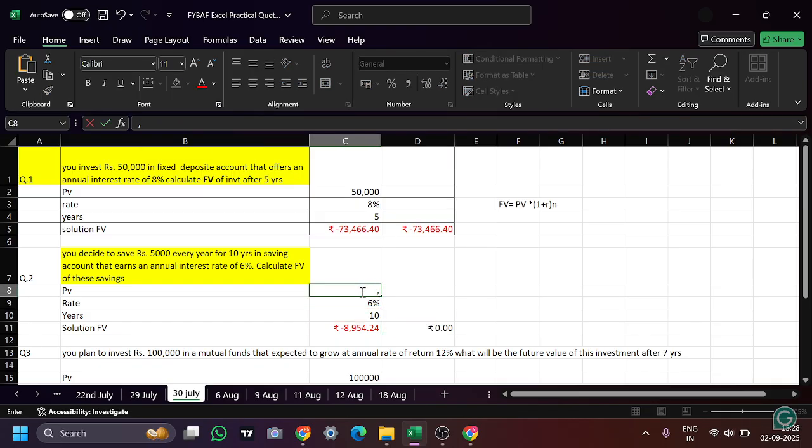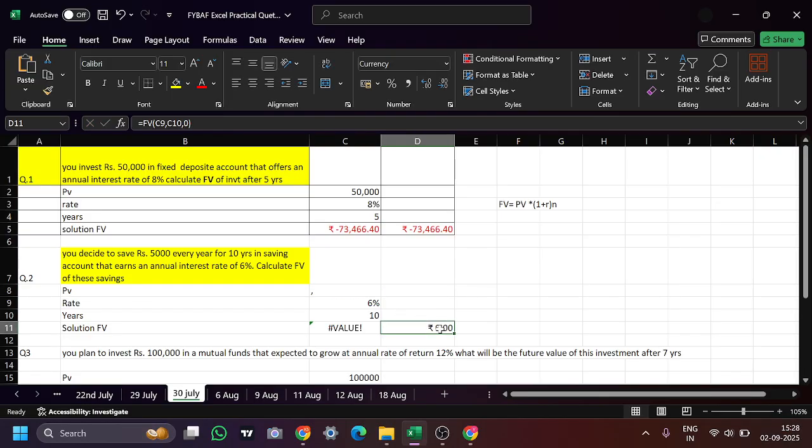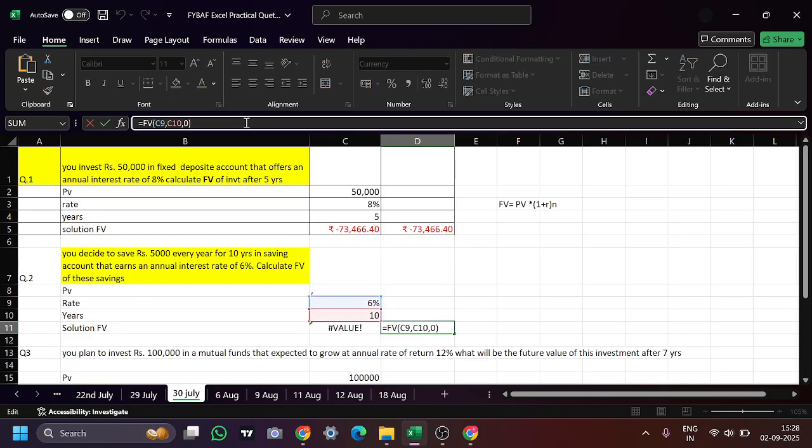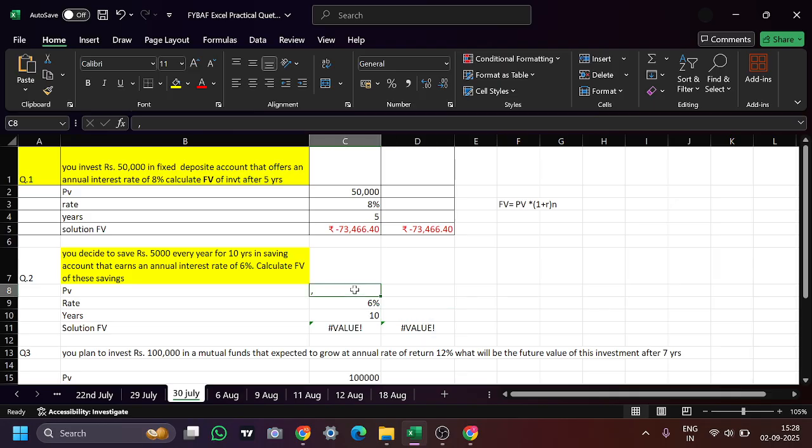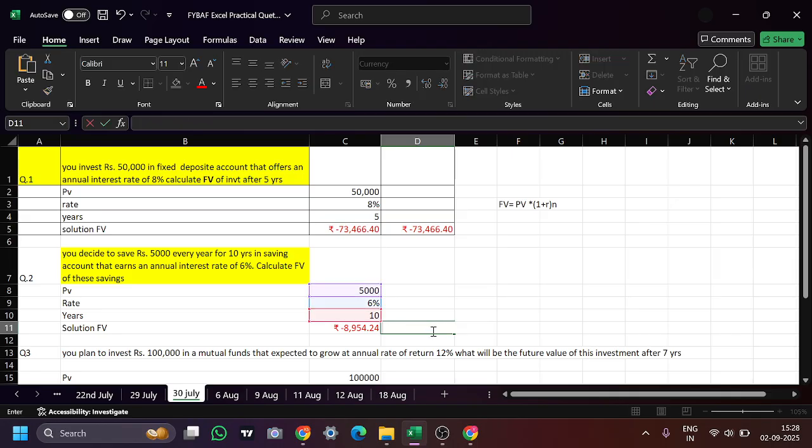5,000, comma, what's wrong? The present value is 5,000, comma, we'll put that value again over here, 0. Something is missing, a value is missing over here. 5,000 is a value, okay. See, again we will try, no worries.